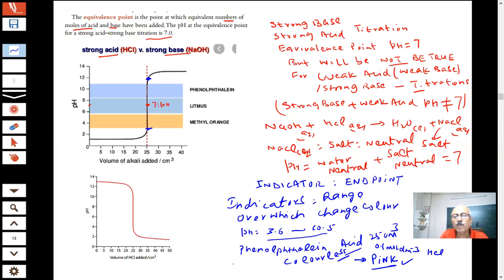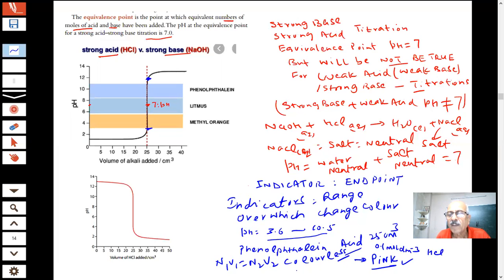There is a formula which can be used: N1V1 is equal to N2V2. This is the normality of the HCl, which is known to me. This is the volume of HCl. This is the normality of NaOH, which I have to determine. This is the volume of NaOH used. So by using this formula, we can find the molarity of the NaOH or HCl.